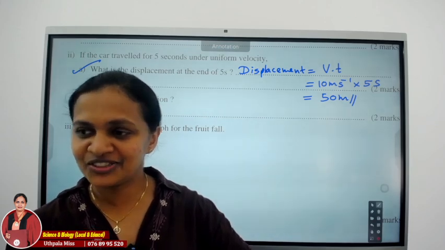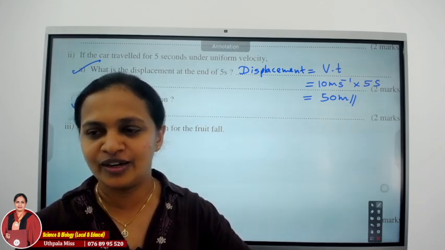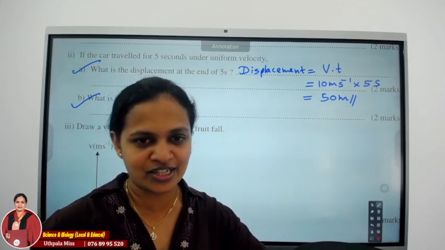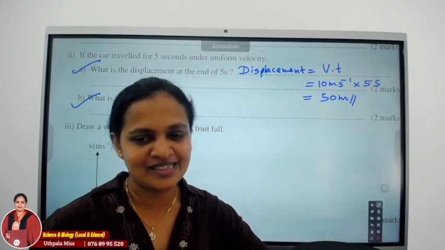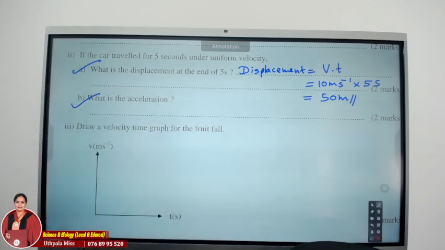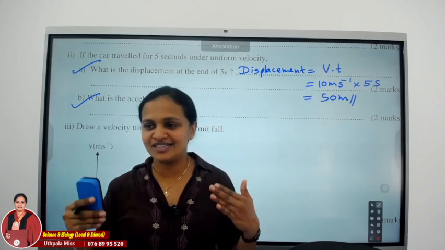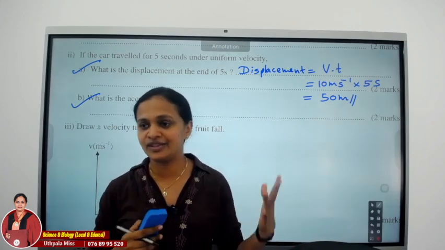It says it traveled in a uniform velocity of 10 ms⁻¹ for 5 seconds. So what is the acceleration, Janudi? 0. Yes. If it is traveling in a uniform velocity, how can you find an acceleration? You should know what a uniform velocity is. Uniform velocity means velocity does not change with time.